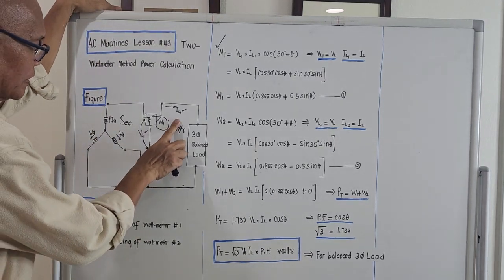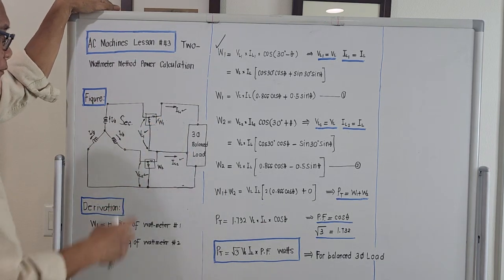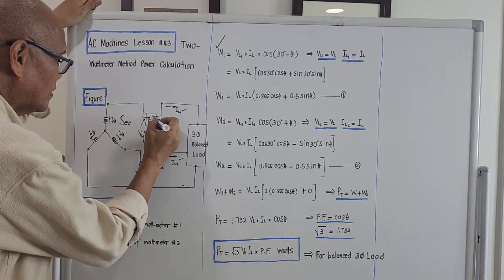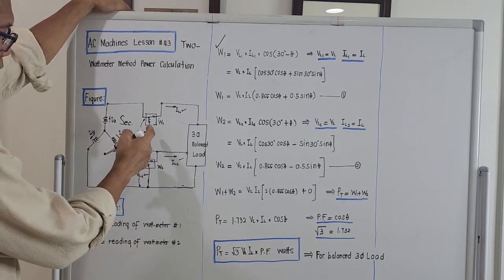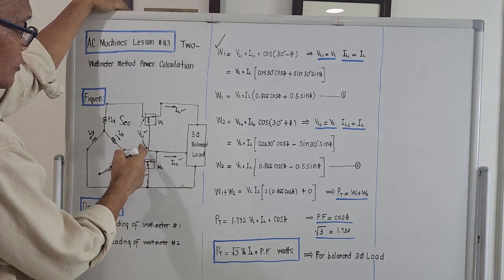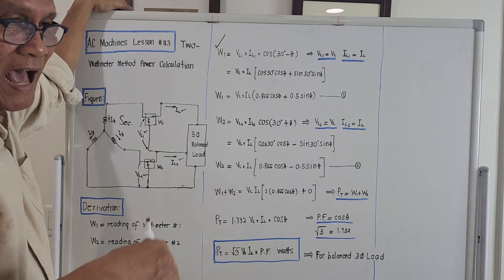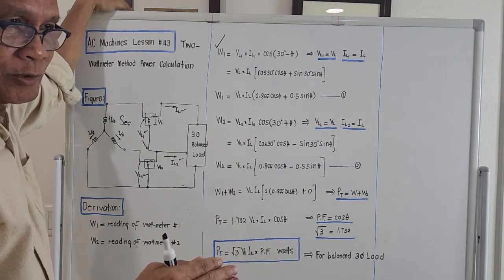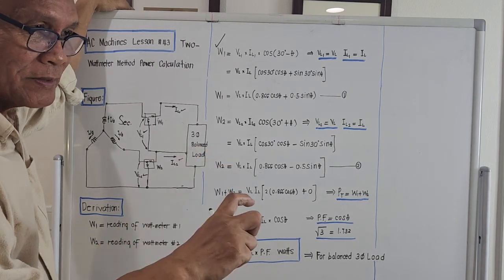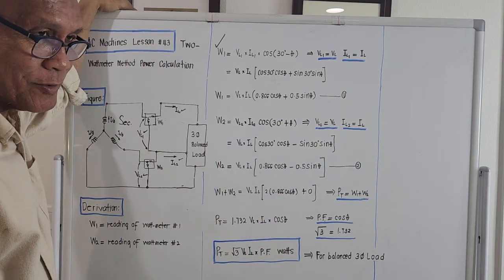A wattmeter is a combination of an ammeter and a voltmeter, and to get its reading, you multiply the reading of its voltmeter part by the current reading of its ammeter part times the power factor.